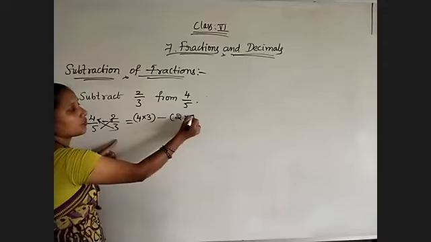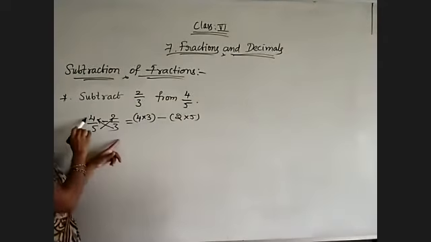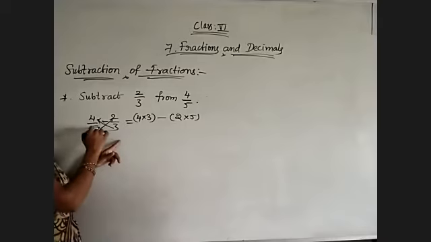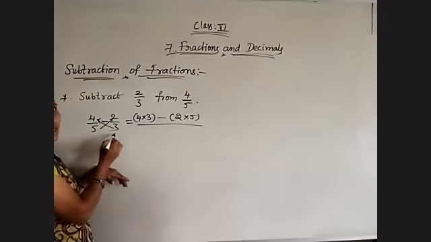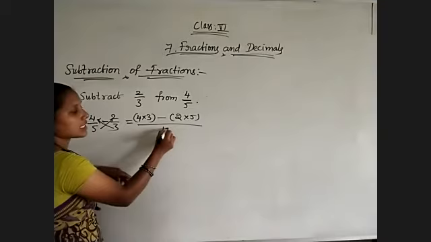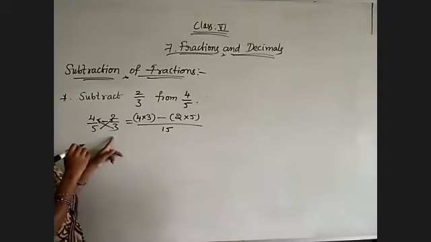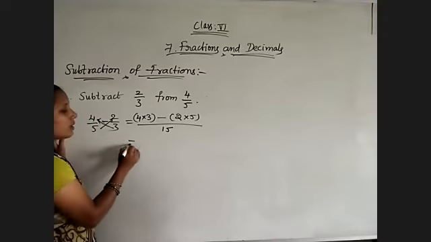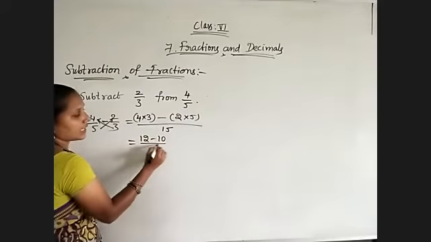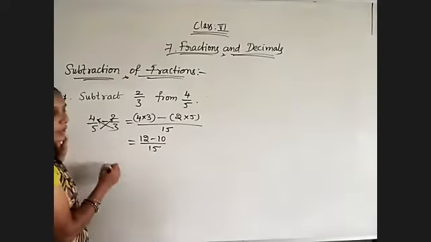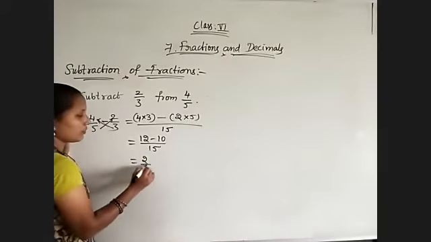So 2 into 5, cross multiplication. 4 into 3 minus 2 into 5 by the denominators also you need to multiply. That is 5 3s are 15 in the denominator. Okay. So which will be equal to 4 3s are 12 minus 2 5s are 10 divided by 15, which is nothing but 2 by 15.